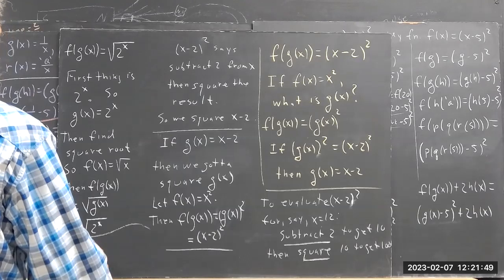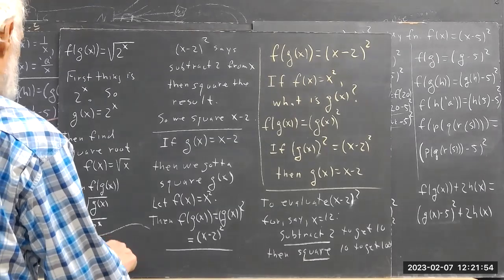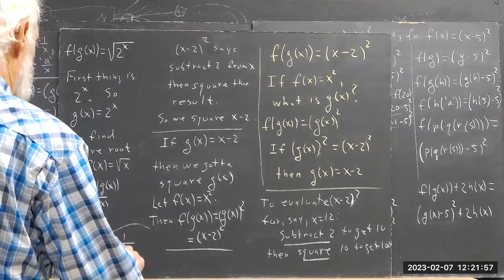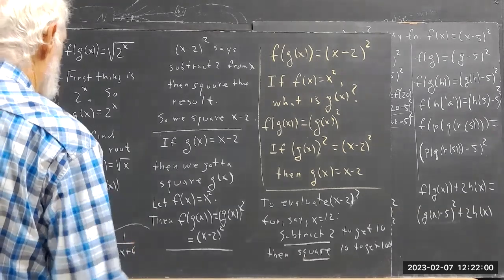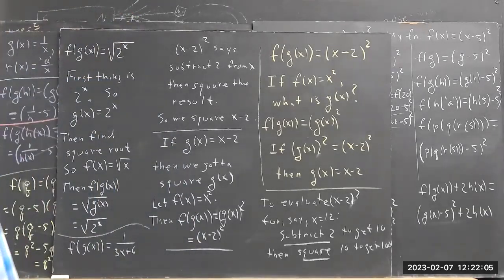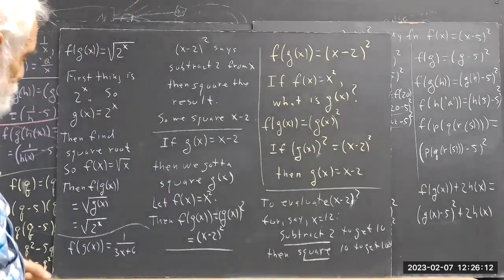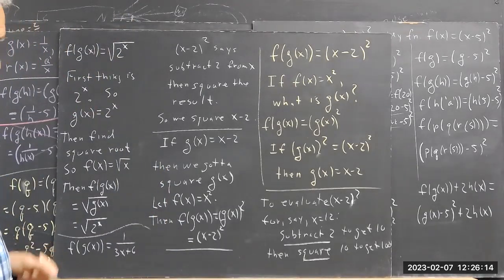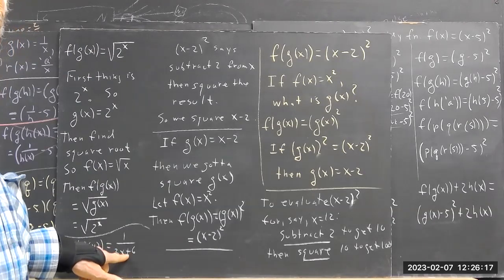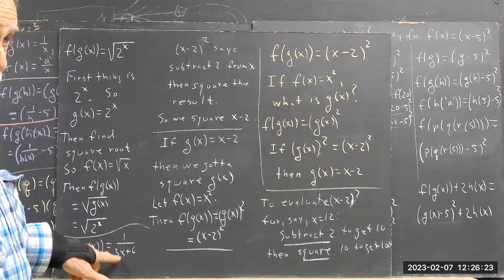Okay, so how about this? What's the first thing we do to x? And then what do we do to that? I would say the first thing you do to x is put it into 3x plus 6.